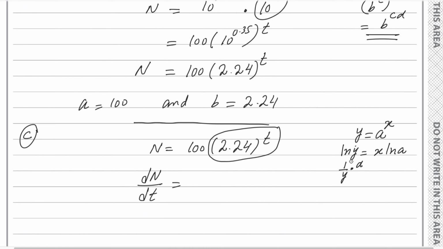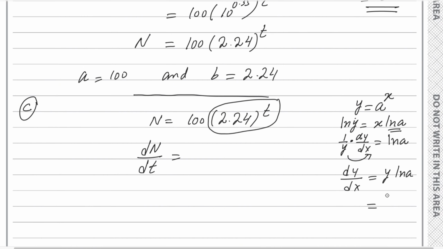Then dy/dx equals, this number is a constant, keep as is, the derivative of x is 1, so you can write log a. Multiply by y, and we get dy/dx as y log a. Got it? So y is a to the power x, log a. This is the derivative of an exponential function.